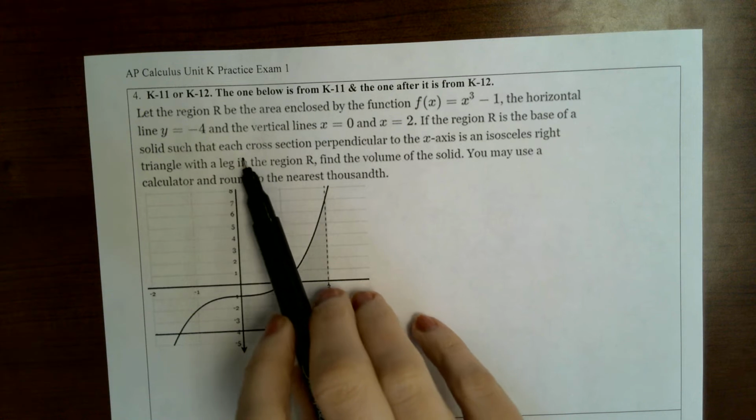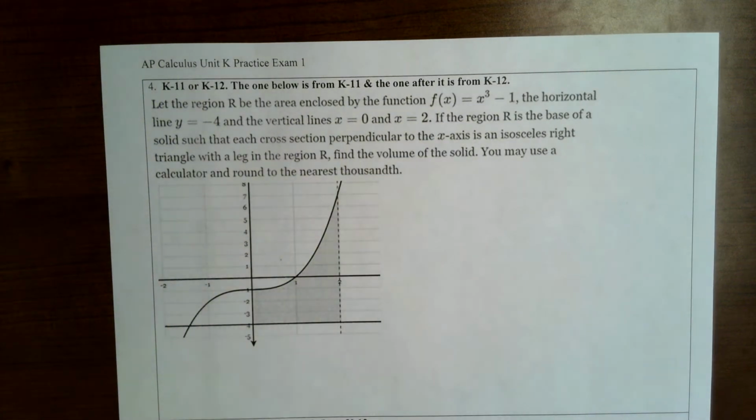So guys, when they say each cross-section perpendicular to the x-axis, that means we're using vertical slices. Okay, so if you were to take this solid shape and slice through it vertically, the slices that came out are going to be isosceles right triangles with one leg in the region.